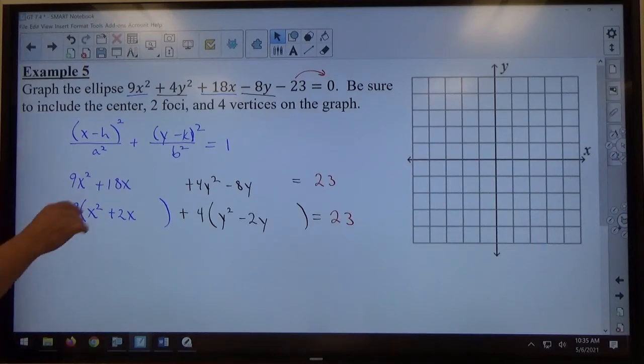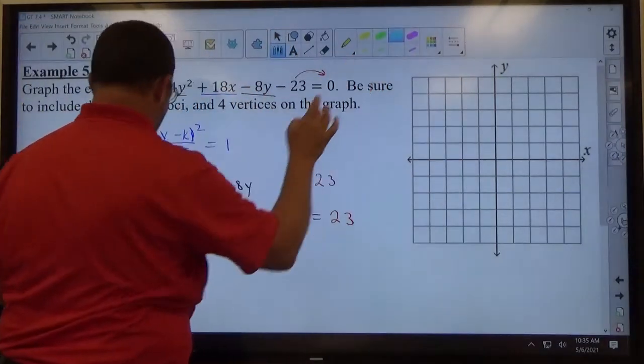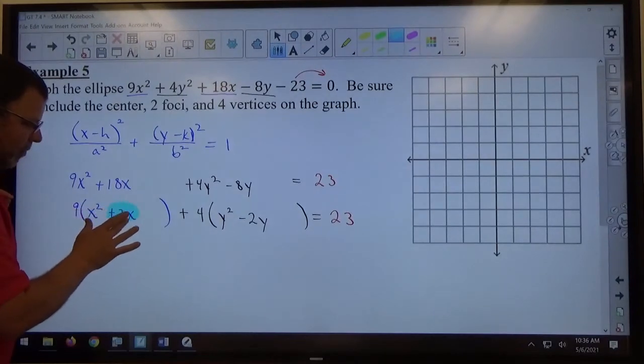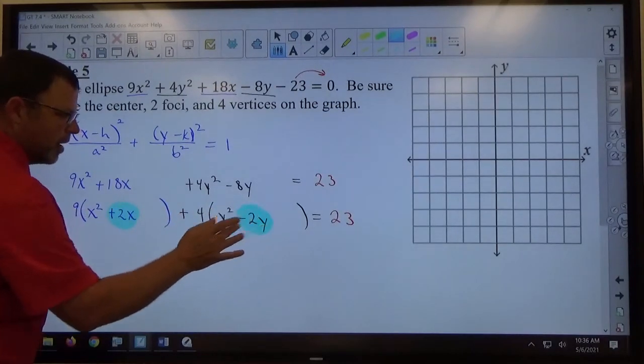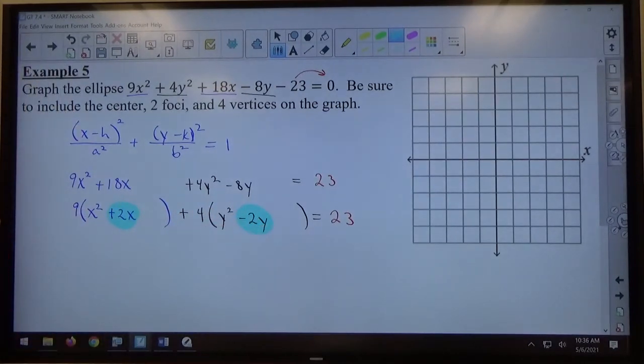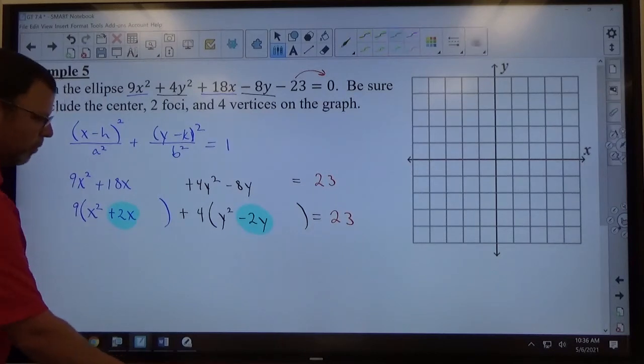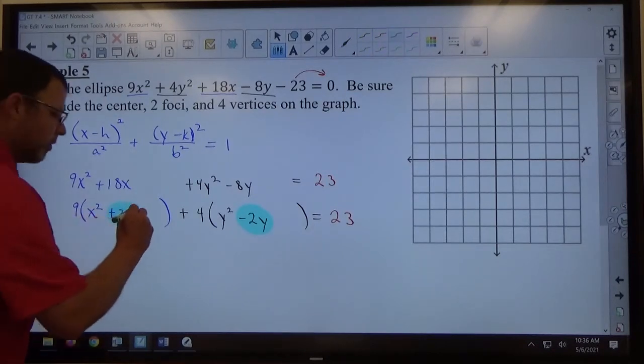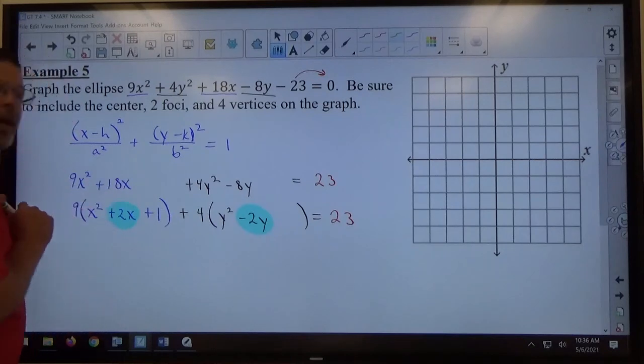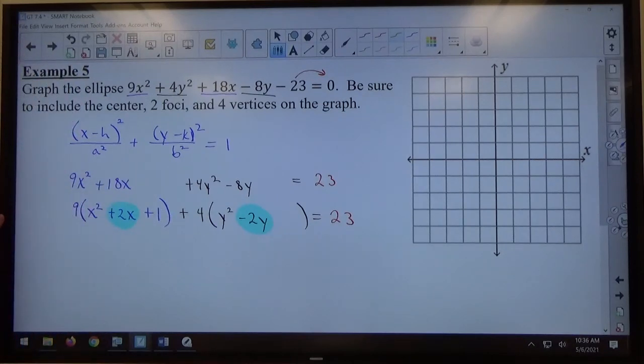What I care about when completing the square is this object, the number in front of x. I want to take half of that number and then square it. What's half of 2? 1. And what's 1 squared? 1. So I'm adding 1 right here. I'm required to add the same amount to both sides. Now take a look at what I've really added. Where is plus 1 at?